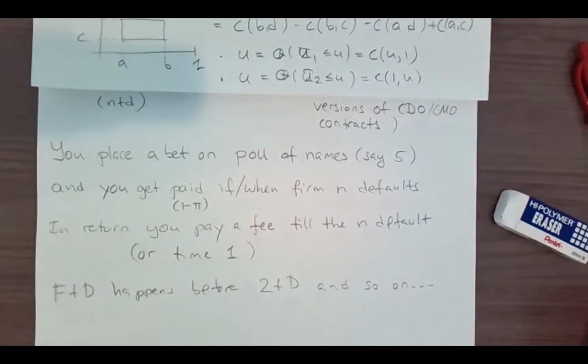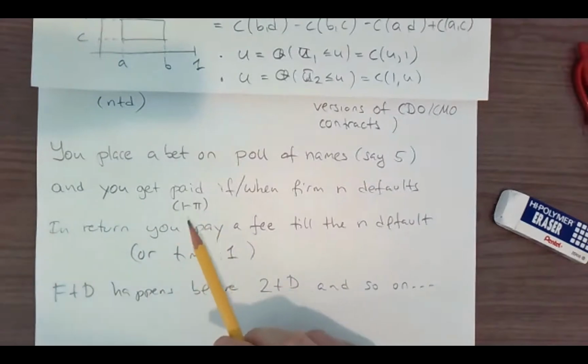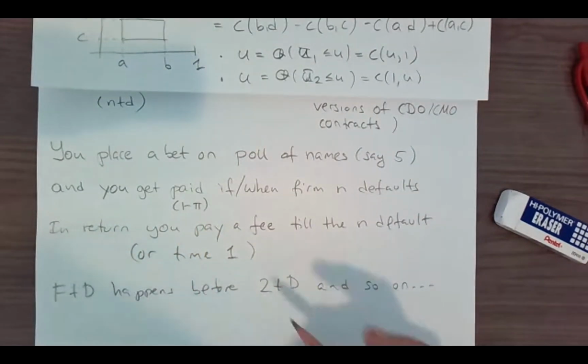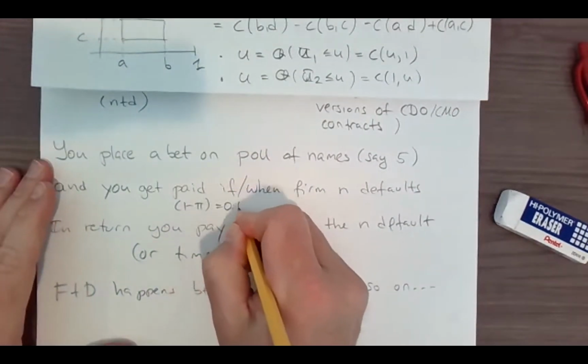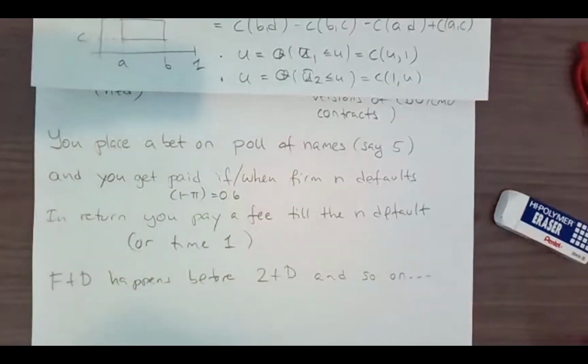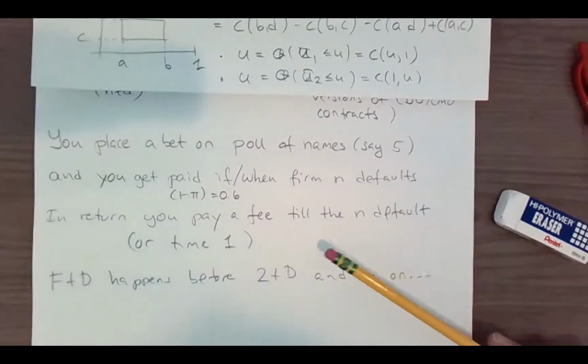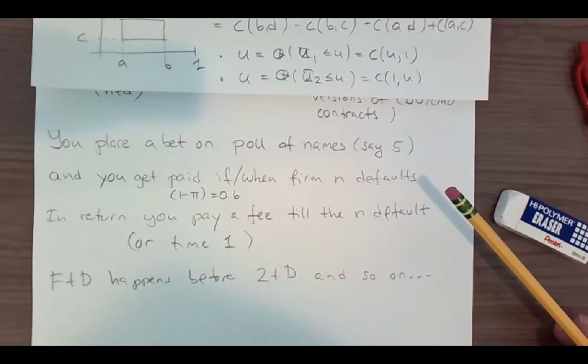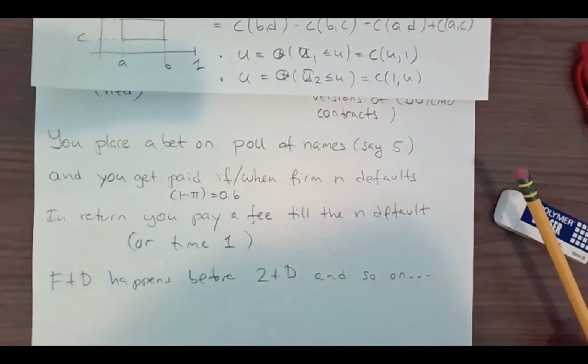The fees that you're paying of course reflect how likely it is that you get the payoff of 1 minus pi, which again, think about as being 0.6. You put $1 in the notional, then you're going to get paid 60 cents if and when firm number n defaults. In return, you're paying a fee all the way up to that time, or time 1 when the contract expires.